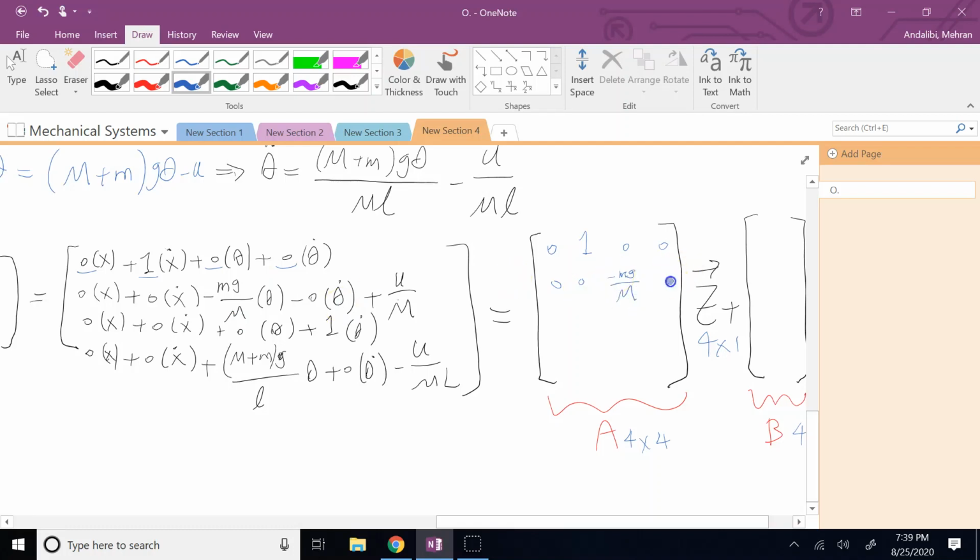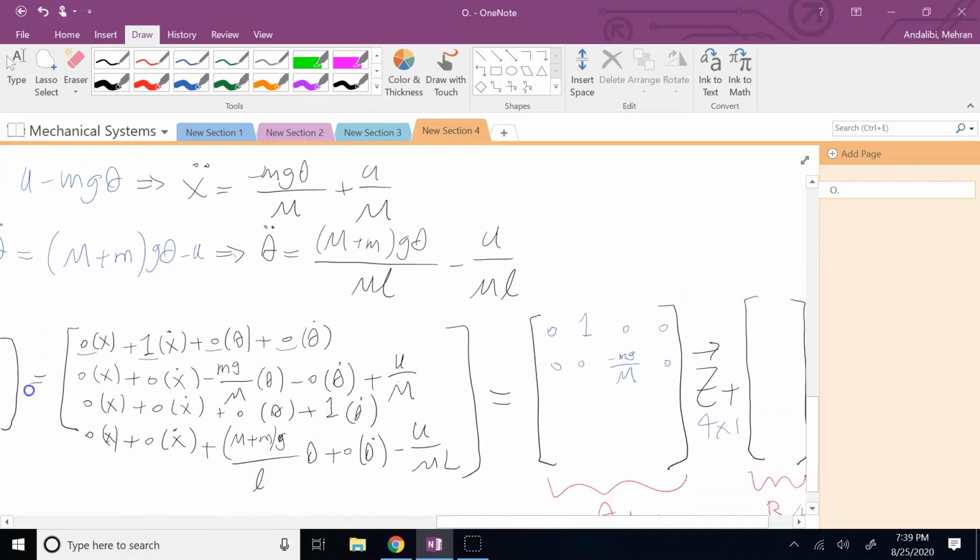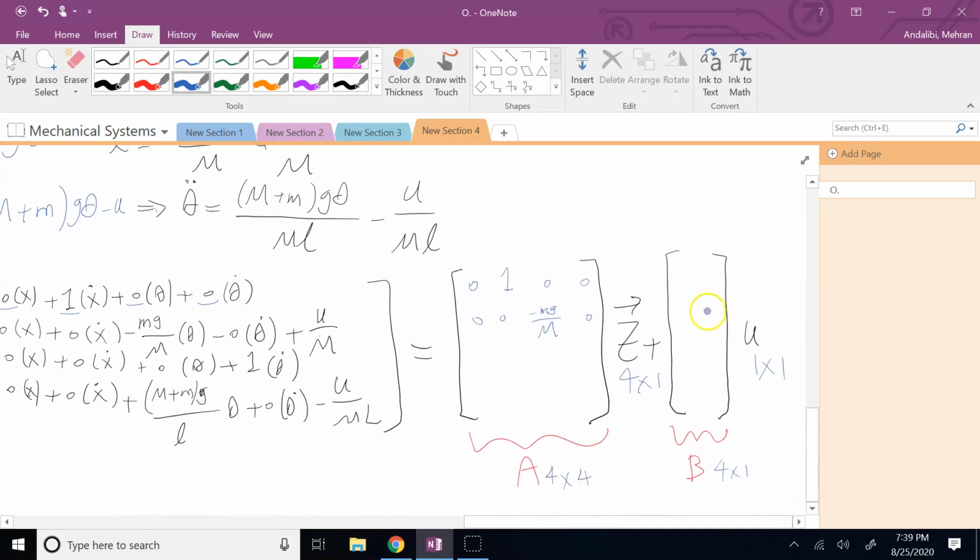And there is no theta dot, and there is 1 u over m. So what should I multiply by u? 1 over m. In the first equation there was no u, so I can write it as 0. So if you want, I can add something for you here and say this is plus 0 times u. And this is also plus 0 times u, okay?